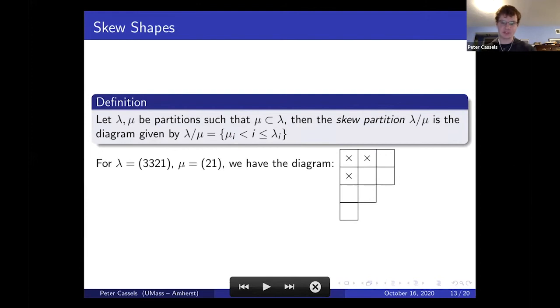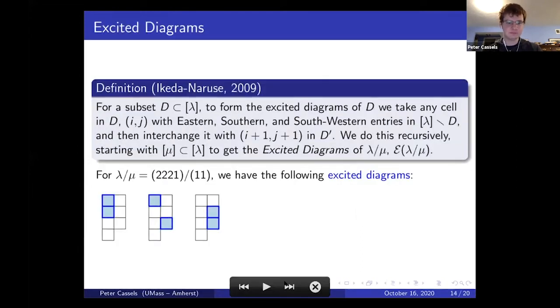So now skew partitions are partitions where we disregard a smaller partition inside of it. And to these skew partitions, we have excited diagrams, where the main idea is you start with the initial skew diagram, you start with the mu, so the blue part is the excited diagram here.